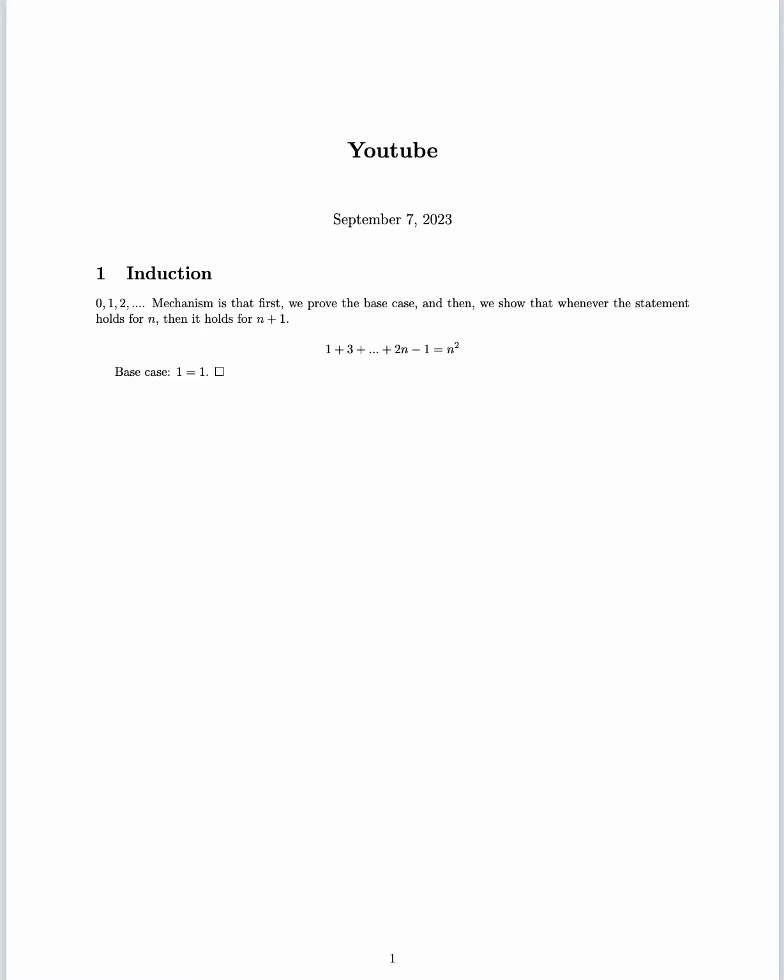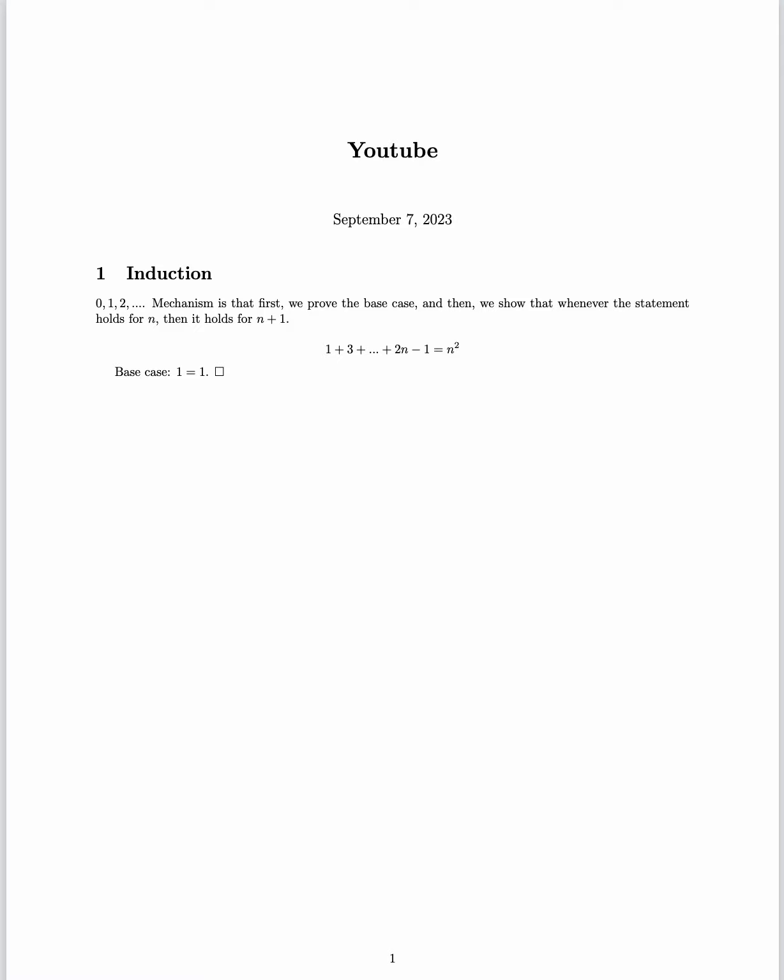We're going to show that if n works, then n plus 1 works. So what does it mean when n works? It means that 1 plus 3 plus up to 2n minus 1 is equal to n squared.